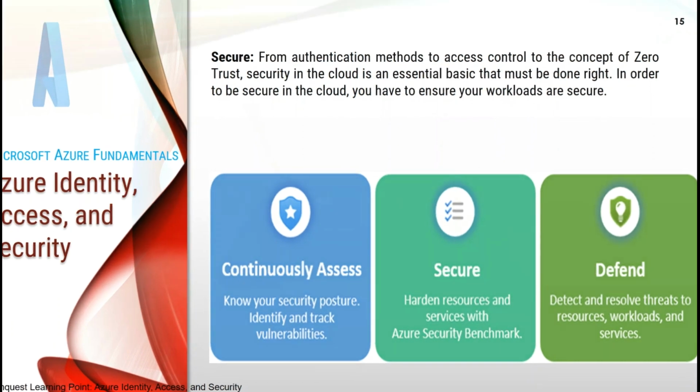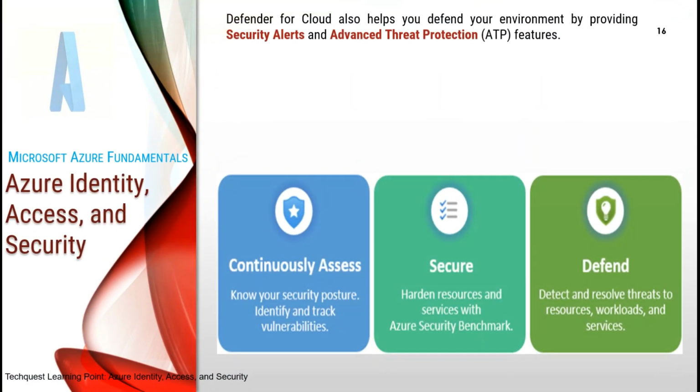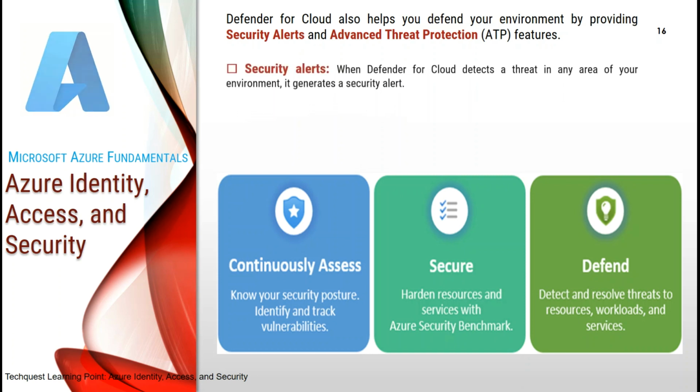The first two areas, continuous assessment and secure, were focused on assessing, monitoring, and maintaining your environment. Defender for Cloud also helps you defend your environment by providing security alerts and advanced threat protection, ATP, features. Security alerts.